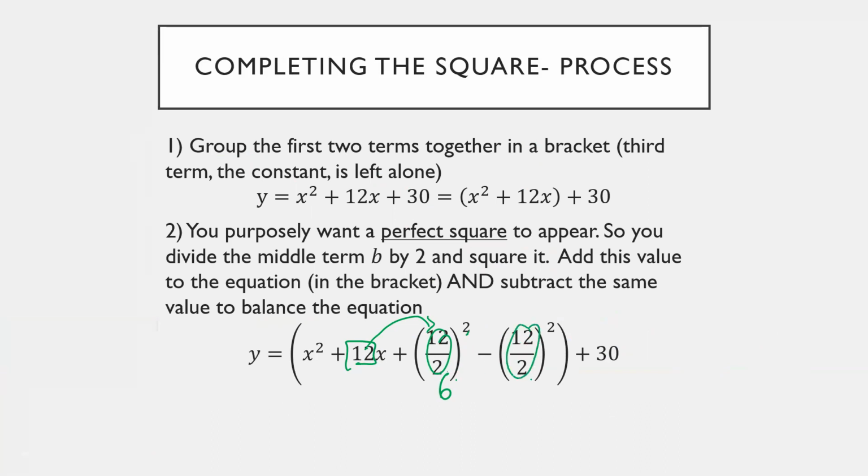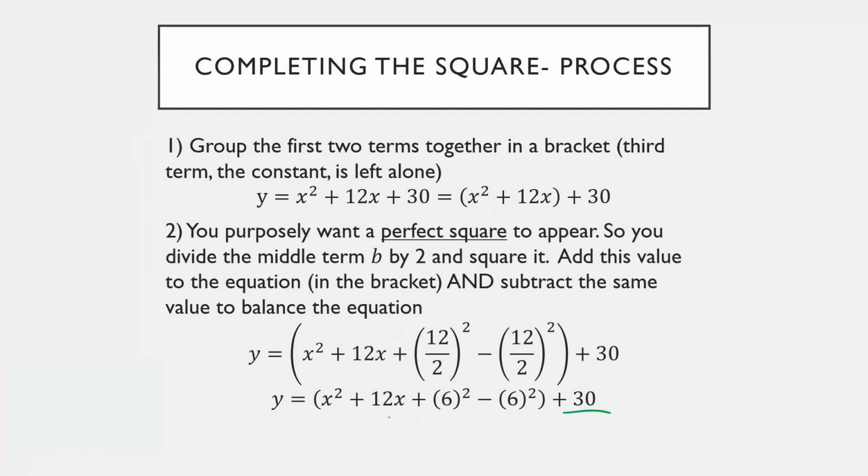So 12 divided by 2, which is 6, is squared, and I get 36, and I counterbalance it with the negative 36. So this ends up giving me y equals x squared plus 12x plus 6 squared minus 6 squared, and then outside the brackets, plus 30.